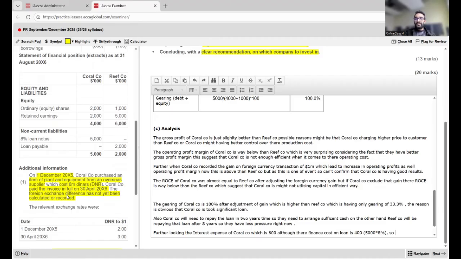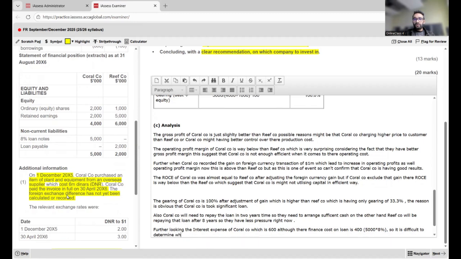So it is difficult to determine which areas these additional 200 interest relates to, right?